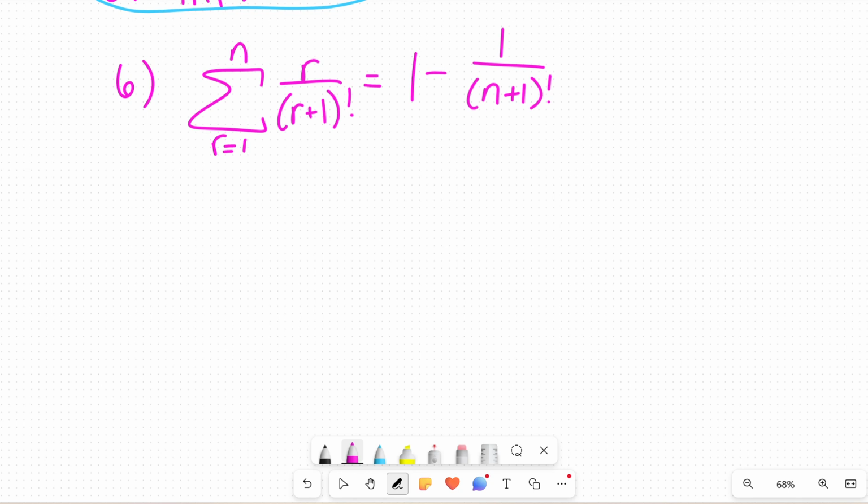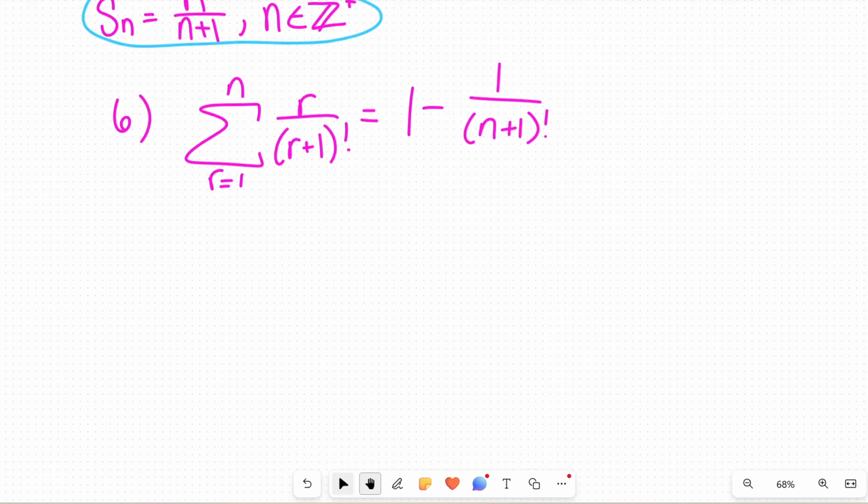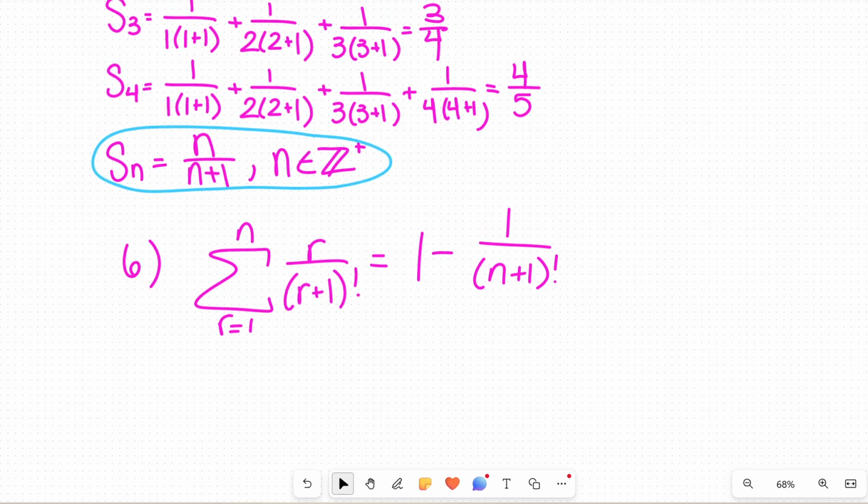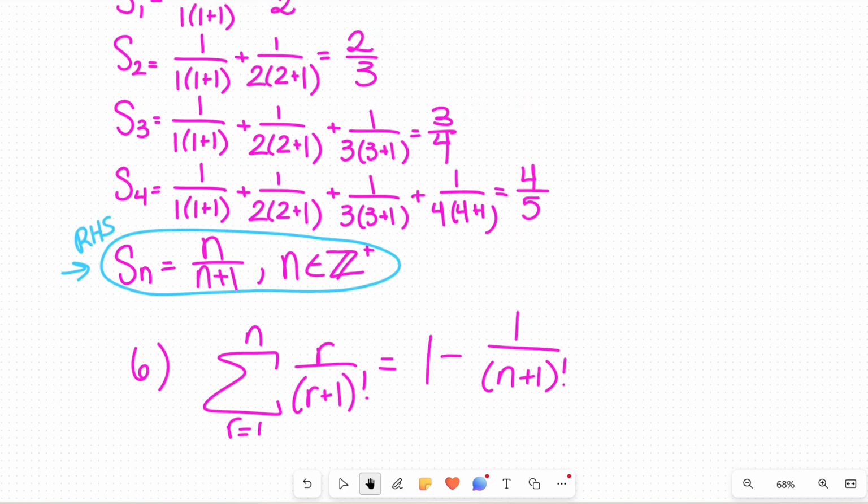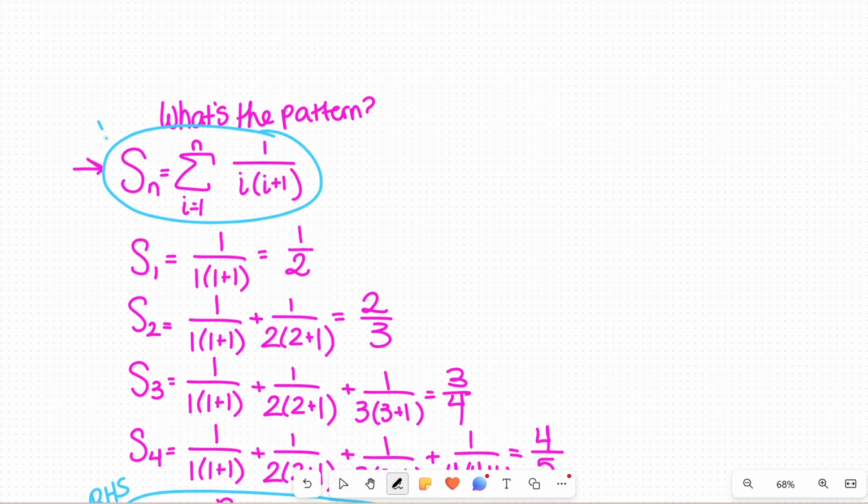So just a quick reminder, the left-hand side of this equation allows us to figure out what each individual term is and add those terms together. My right-hand side of the equation allows me to figure out what the pattern is. So this is my right-hand side of my induction equation, and this is my left-hand side of the equation.